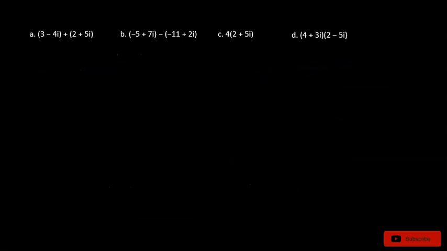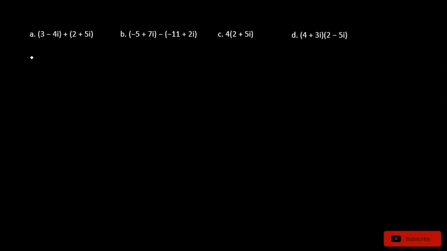Now we're going to go over multiplication. Multiplying complex numbers is much like multiplying binomials. The major difference is that we work with real and imaginary parts separately. We're going to start by multiplying a complex number with a real number.